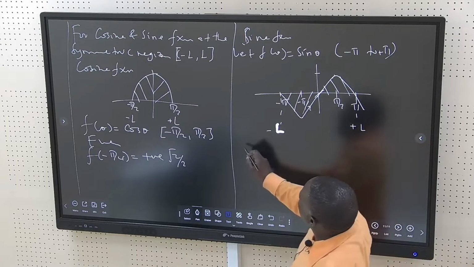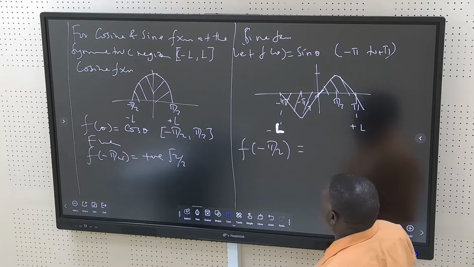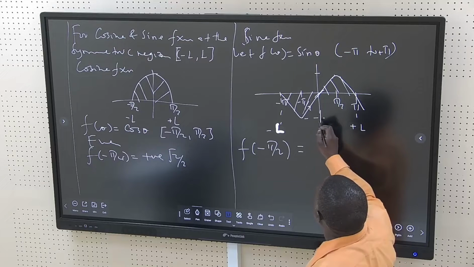So let us say we consider f of negative pi over 2. What did we get? We get negative 1 here.